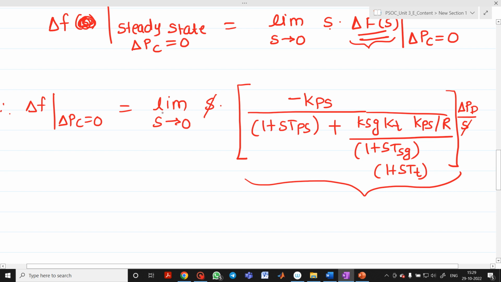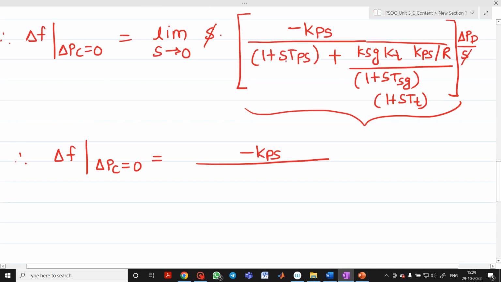But here what is limit s tends to 0? So how I can write the expression? Delta f when delta pc will be equal to 0 will be equal to minus kps whole divided by, here put s equal to 0. So therefore we will get only 1, because this term will be 0. This is the reason why the 1 was there here.